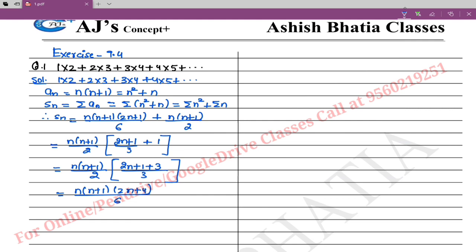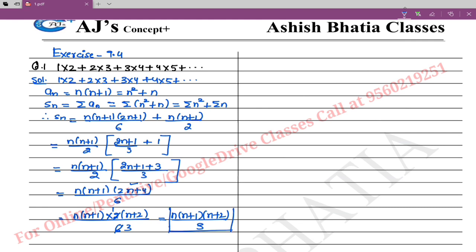Now we can clearly see that we can take 2 common from this bracket, so it would be n into n plus 1 into 2 times n plus 2, whole divided by 6. Now the 2s will cancel out, so the final answer is n into n plus 1 into n plus 2 whole divided by 3. So this is our final answer.